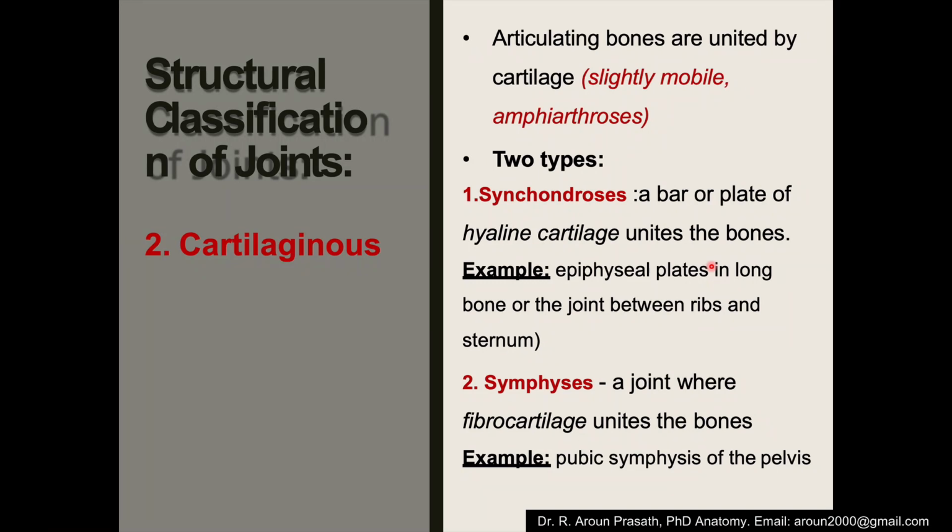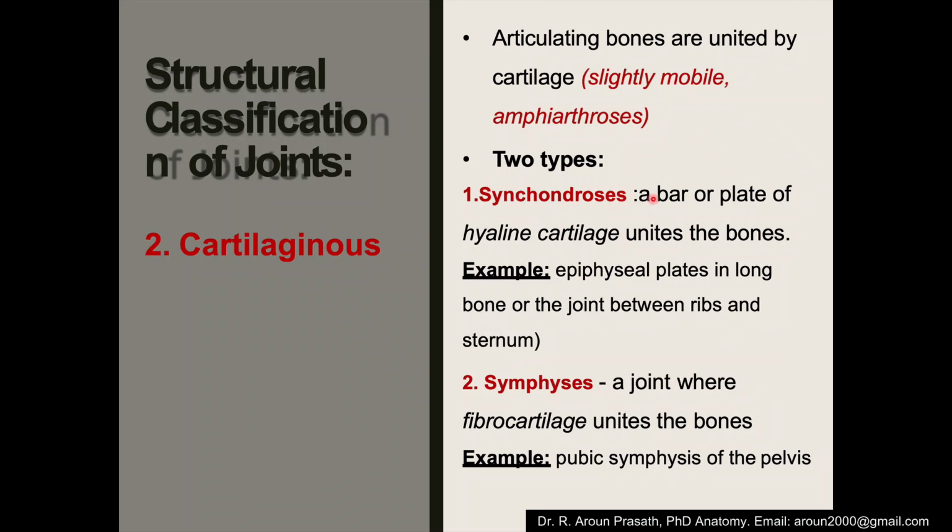Okay, so slight degree of movement in the sense that it is slightly flexible in nature, but as such there is no frictional movement taking place. This is what you have to understand. So in this cartilaginous joint you have two classifications: one is the synchondrosis and the other is the symphysis.